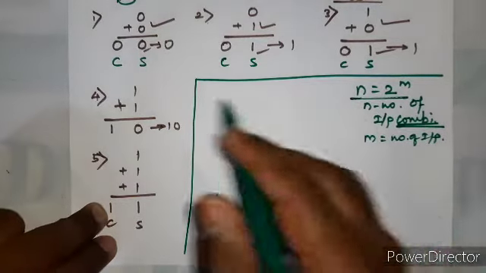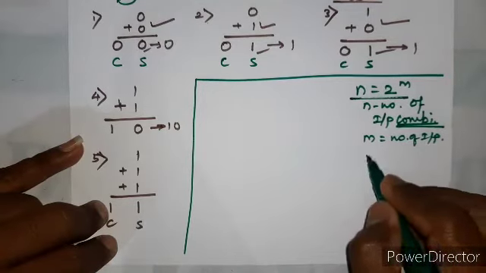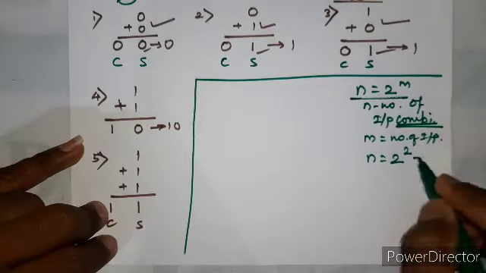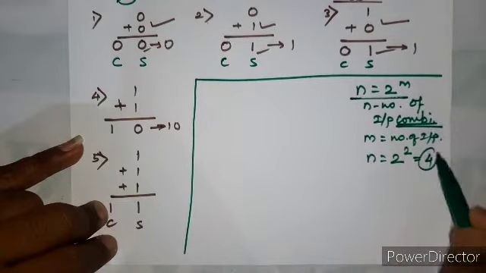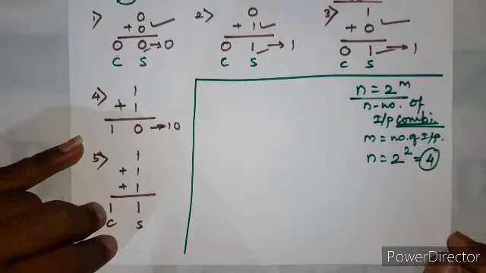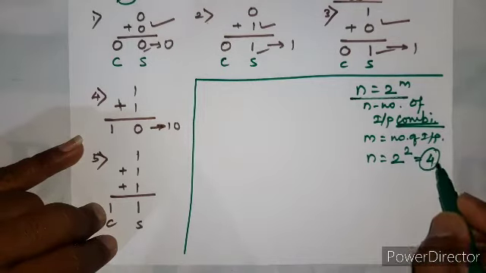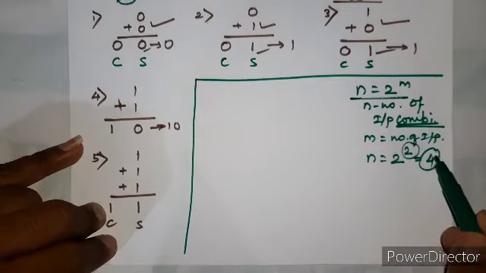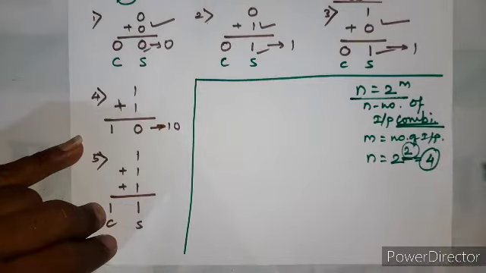Okay, so how many inputs we have for this binary addition? 2 inputs, right? So n is equal to 2 raised to 2. So what is 2 raised to 2 is 4, right? So when we have 2 inputs in this digital circuit, for 2 inputs, input combinations are always 4, right? This might a bit confuse you. 2 inputs and input combinations are 4.